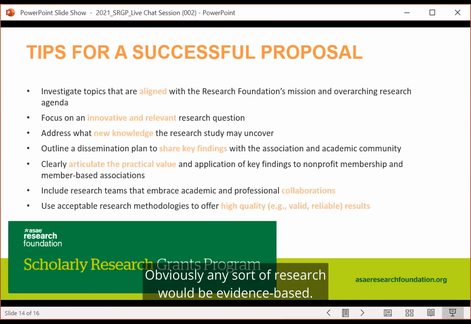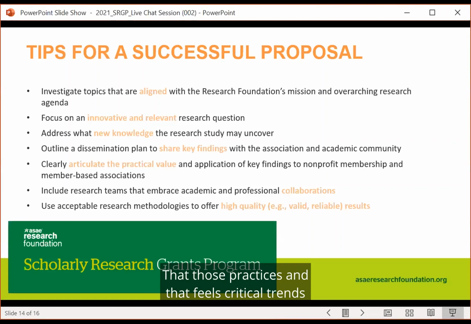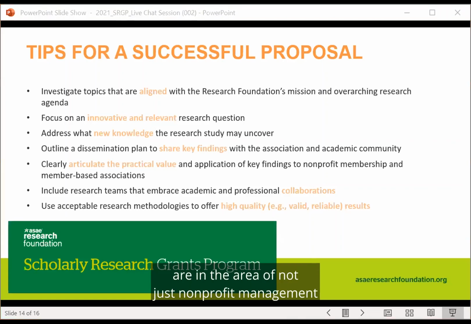Obviously, any research would be evidence-based, and we're trying to distill effective practices.